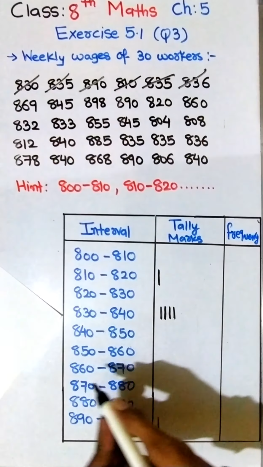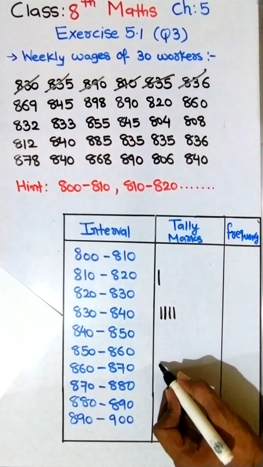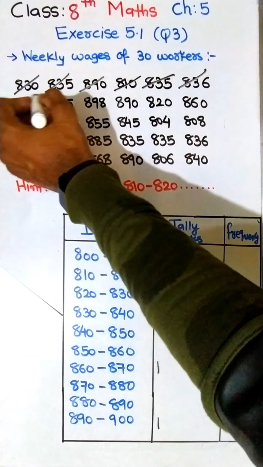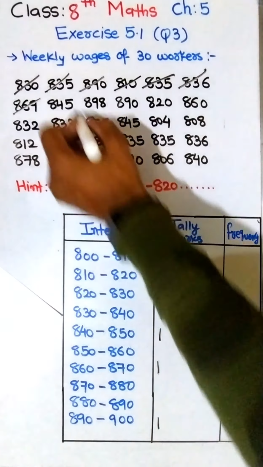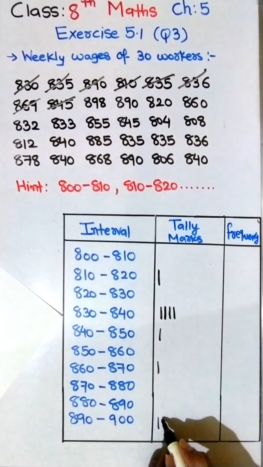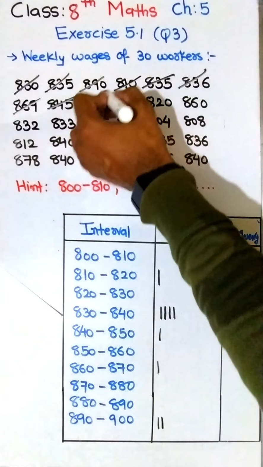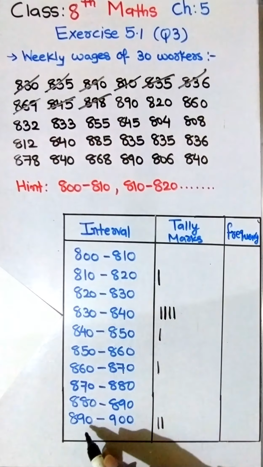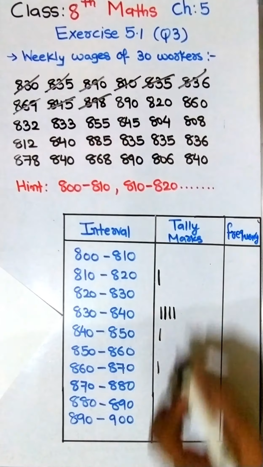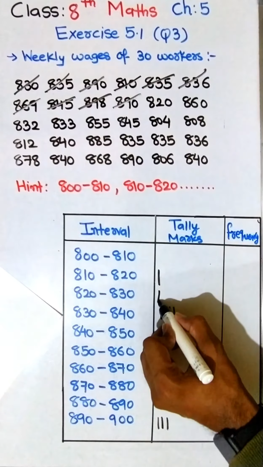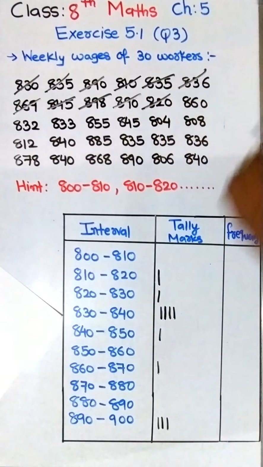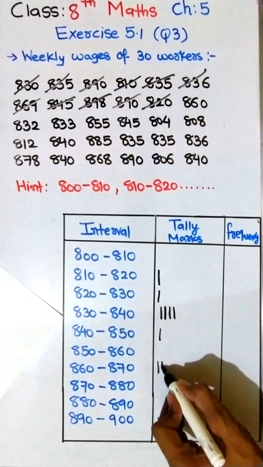Same way 869 belongs to this class. 845 belongs to this class. 898 belongs to the highest class. 890 again belongs to this class. 820 belongs to this class. 860 over here.